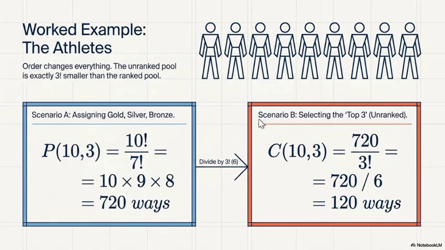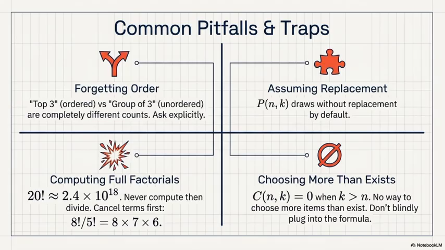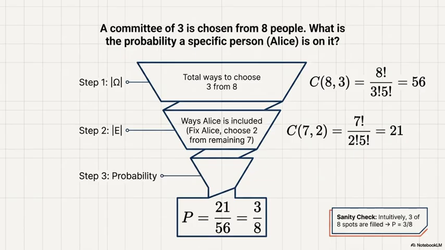Here is a simple question: a committee of three is chosen from 8 people.